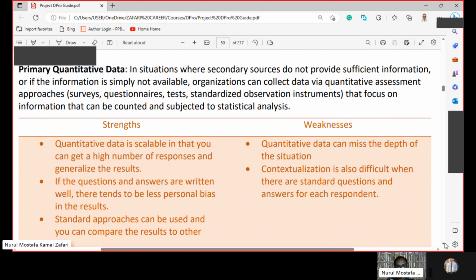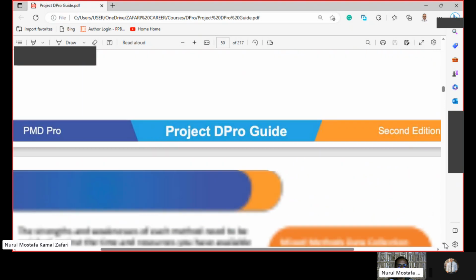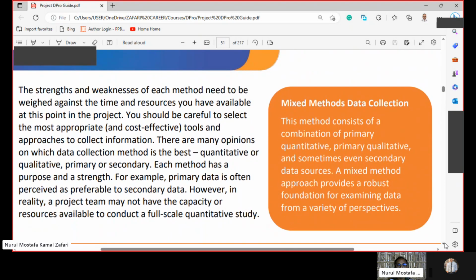If you have primary qualitative data or quantitative data, or both, but in development sector, it is proposed by the PMDPro guide that if you can have a mixed method of data collection, so that our need assessment will be more supportive and more rich.